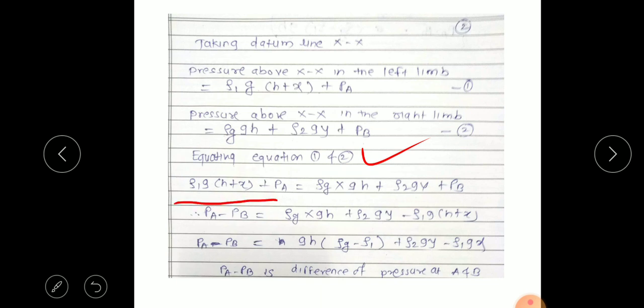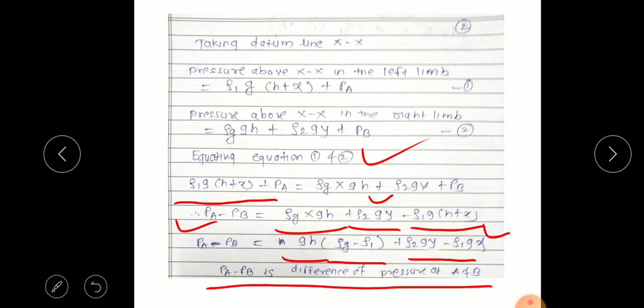Taking pB on the left side, pA minus pB is rho g h for the density of mercury, plus rho 2 g y, minus rho 1 g (h plus x). Taking common g h in brackets, we can write (rho minus rho 1) g h plus rho 2 g y minus rho 1 g x. From this we can find out the differential pressure at A and B.